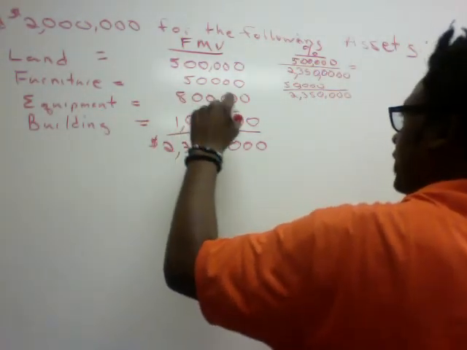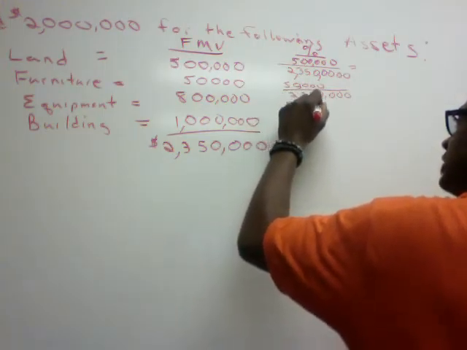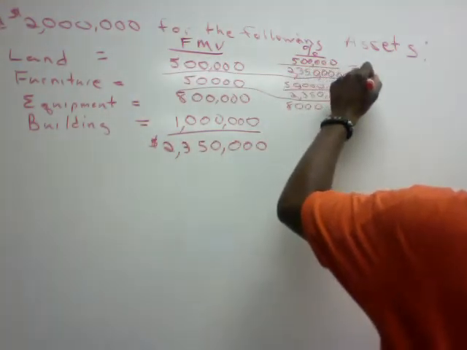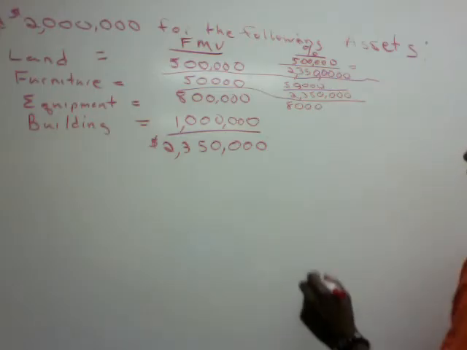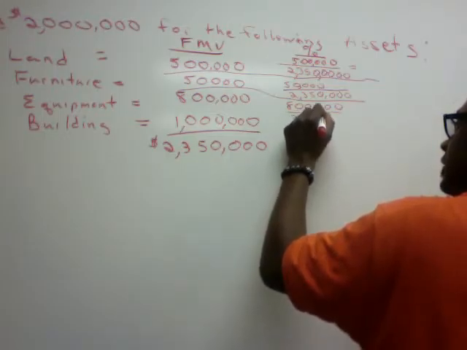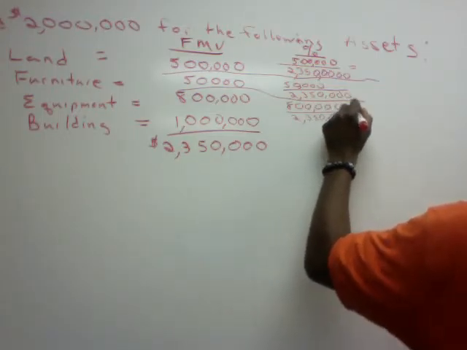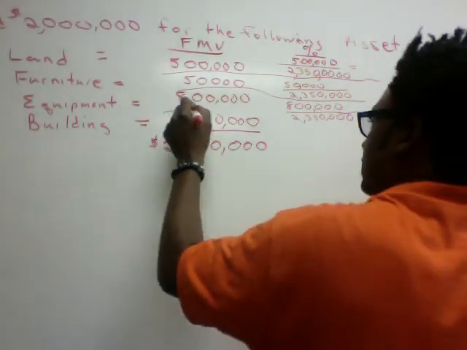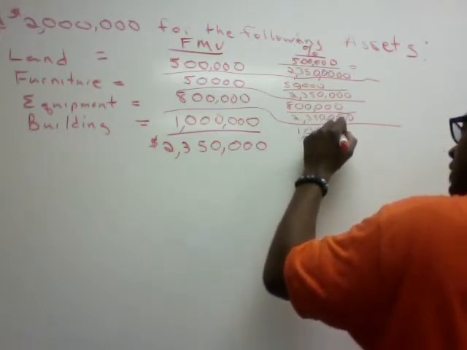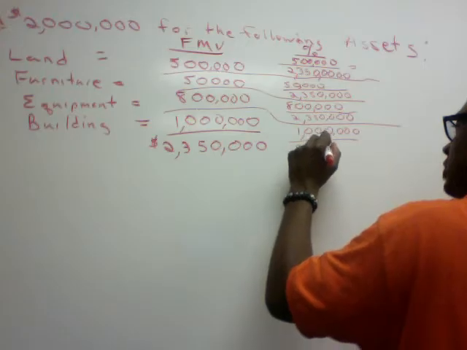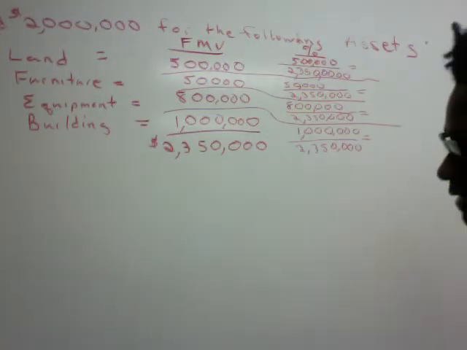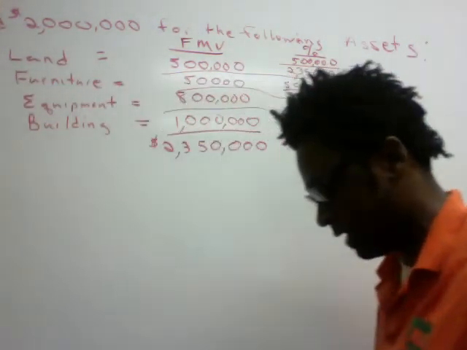For the equipment, we would take the fair market value of $800,000 and divide it into the total 2,350,000. And lastly, for the building, we take that million and divide it into 2,350,000. That's going to give us the percentage relative to the total fair market value for each individual asset.